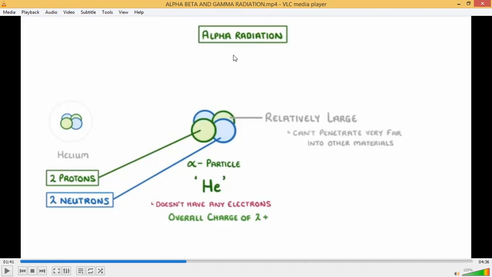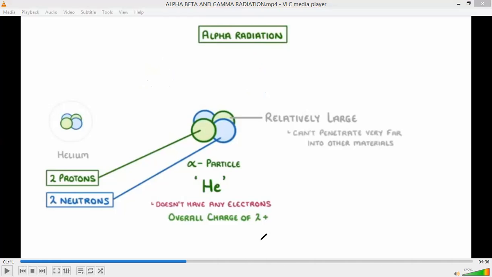So that's why we also represent alpha radiation with helium. Some textbooks use just alpha and put 4 and 2, but other textbooks also use helium because helium has exactly that property of alpha radiation. So invariably, we can also write that as helium.